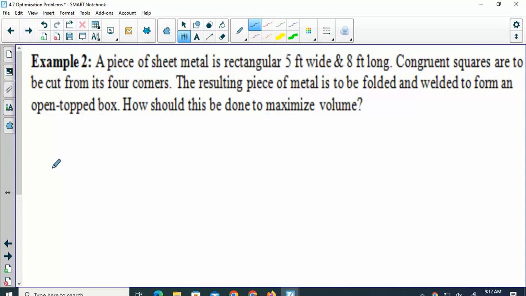A piece of sheet metal is 5 feet wide and 8 feet long. So I have a piece of metal, 5 by 8. Congruent squares are to be cut from its 4 corners. So identical squares are coming out of every corner.